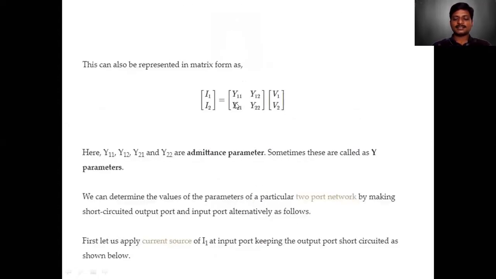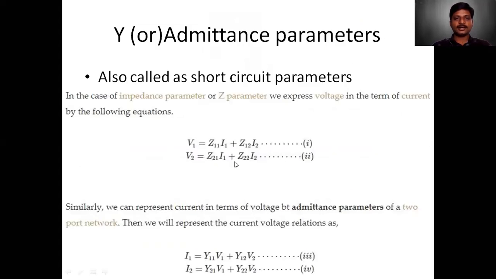When this value becomes 0, you can write Y11 is equal to I1 by V1. Therefore, you can find one value. Similarly, if you substitute V2 equal to 0 in equation 4, you can find Y21, that is I2 by V1. So that's what we have done here.